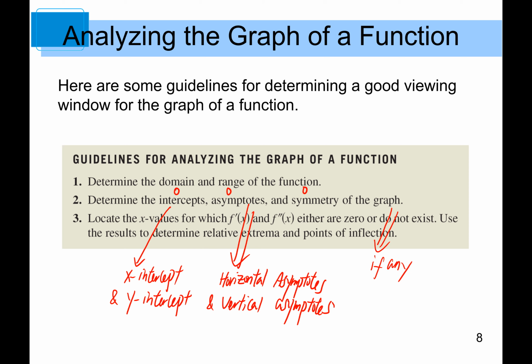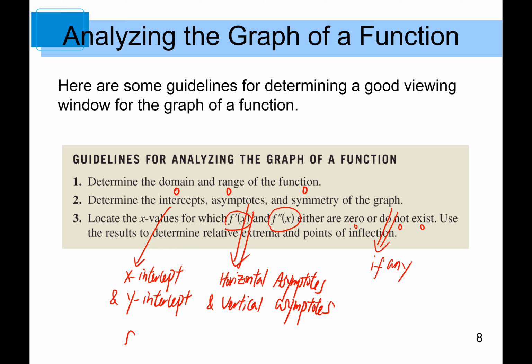And the third step, locate the x values for which f prime of x, which is the first derivative, and the second derivative f double prime of x, either are 0 or do not exist. And the critical numbers come from the first derivative.